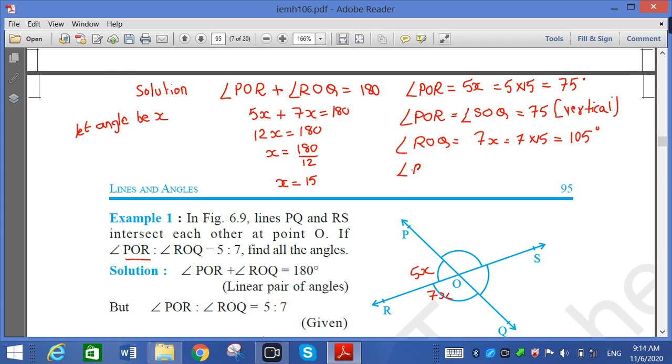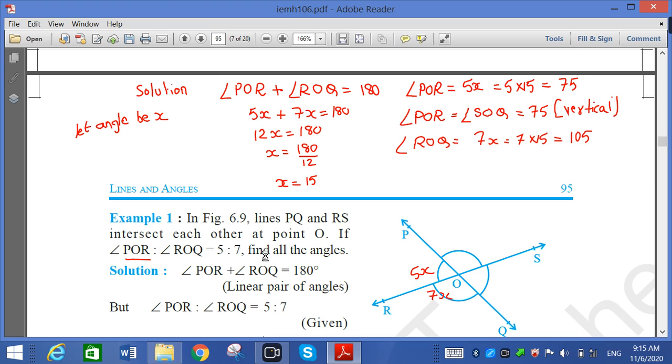So angle ROQ is equal to angle POS is equal to 105. We have to say vertical opposite angle. So this is how to do it. What is given here is an old method, because the book was manufactured in 2005. The corrections are not included, so we have to find a different way. So clear it or not?